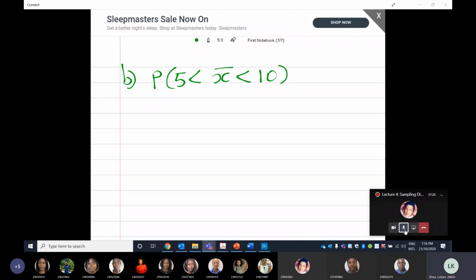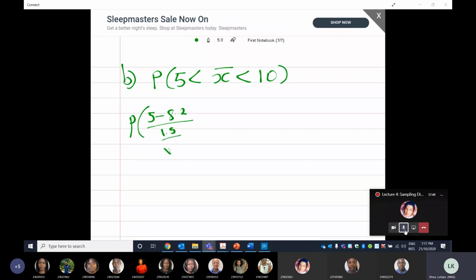Okay, then what we need to do is we need to standardize our values. The reason we standardize them is so that we can read them from our standard normal table. So this is the probability. Then we say 5 minus mu. Mu here is 8.2. And then we divide by standard deviation. This is 1.5.